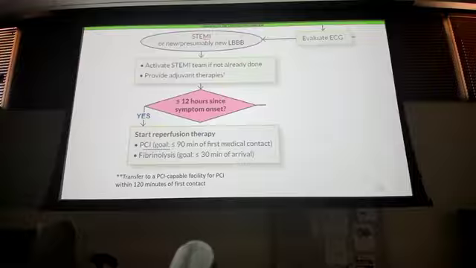If you have to transfer them, then you get an extra 30 minutes to coordinate that transfer. So you have 2 hours basically. But if you cannot meet those two time hacks, then you have to do fibrinolytic therapy with like TPA. And the goal is within 30 minutes of that first contact, they're getting TPA administered.